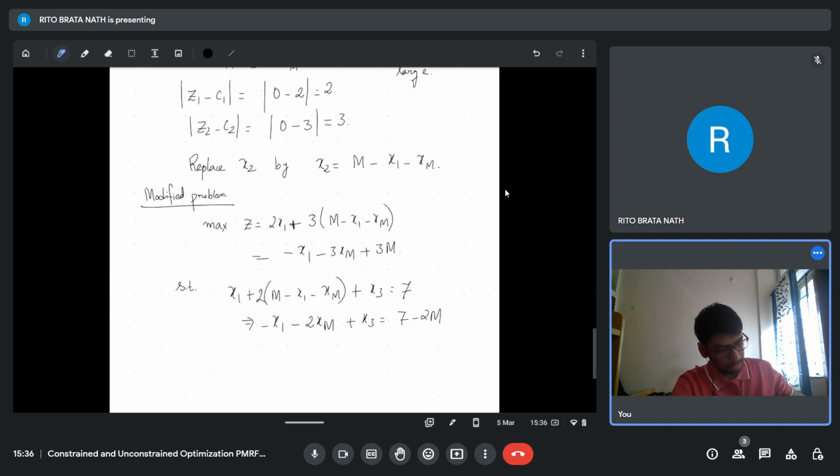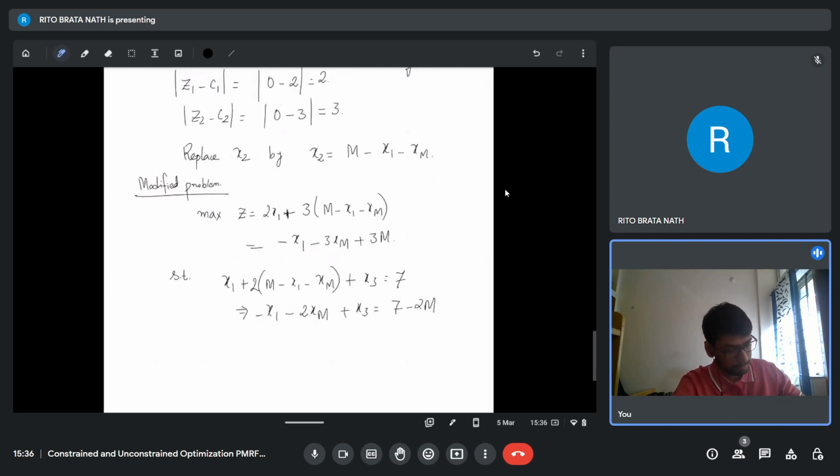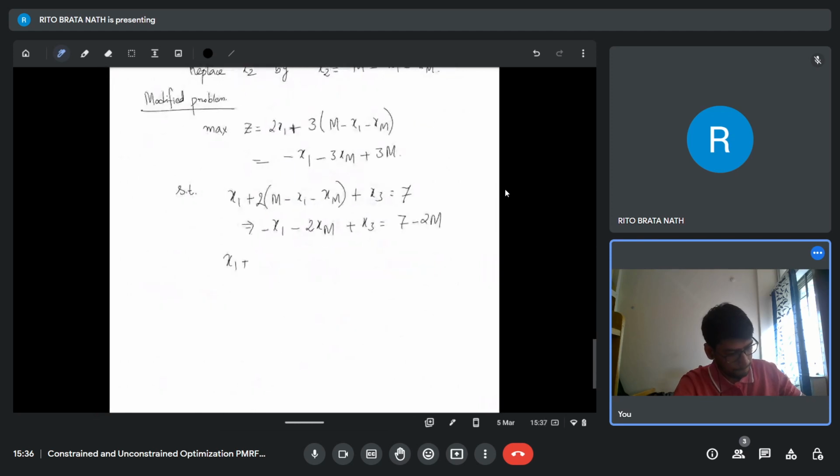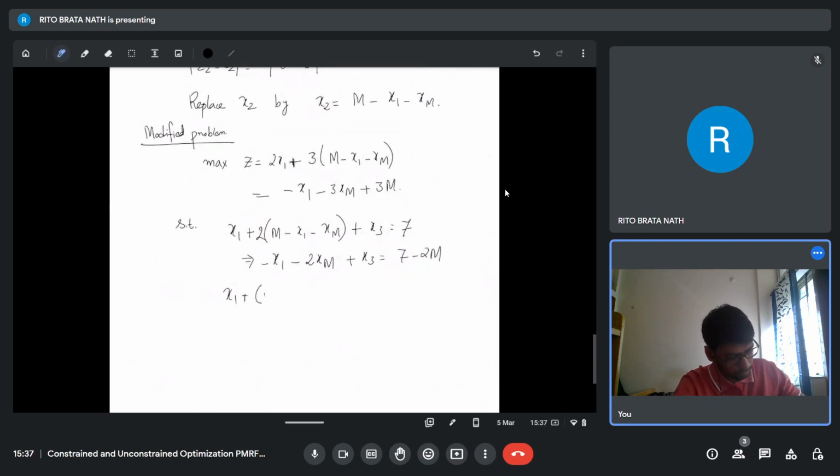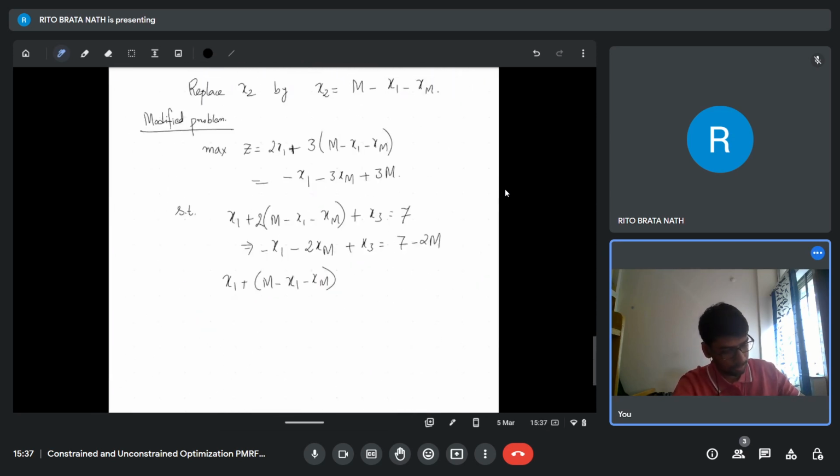And finally, you have another equation which is x1 plus x2 equals 4.